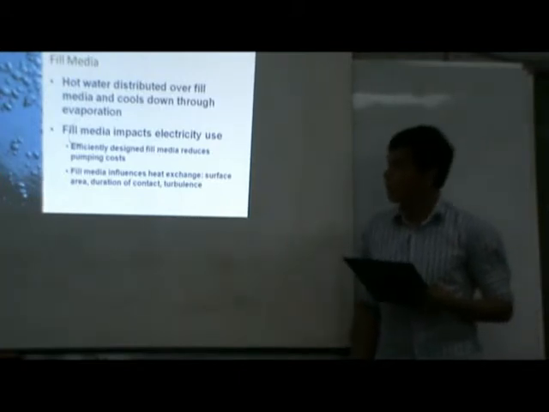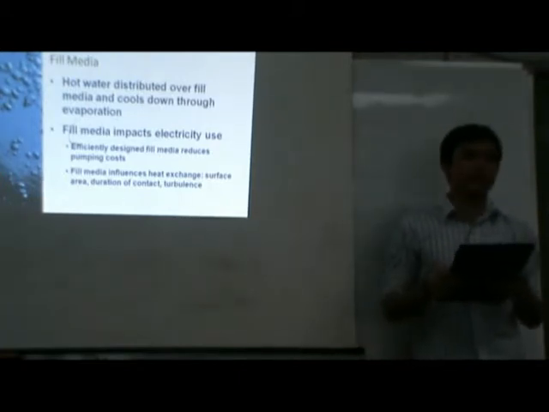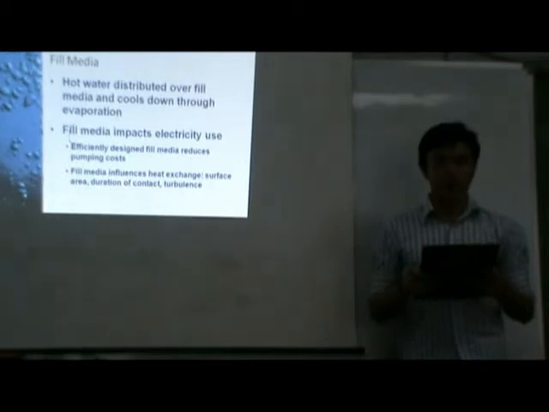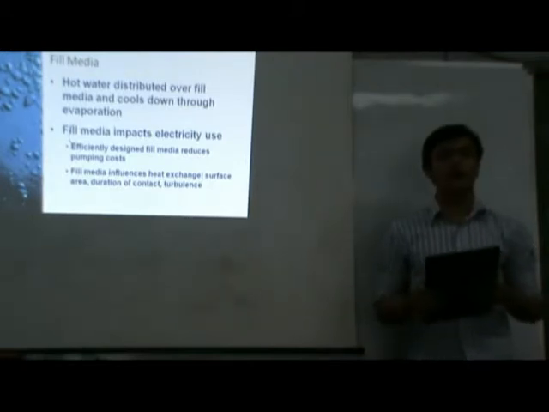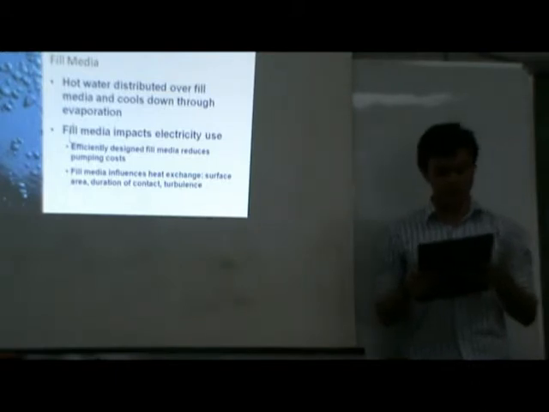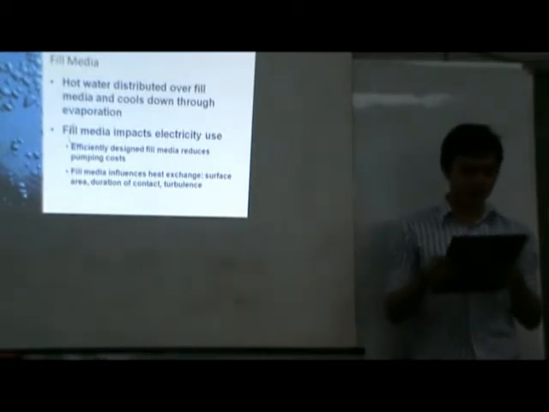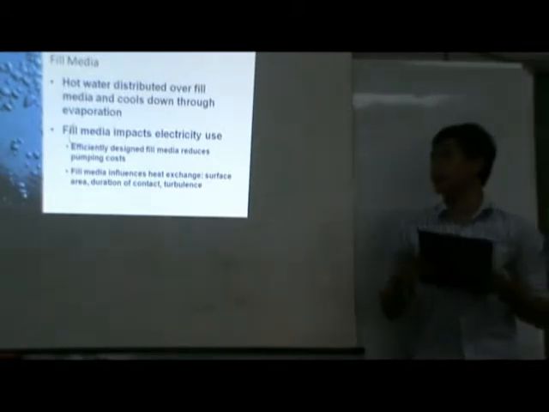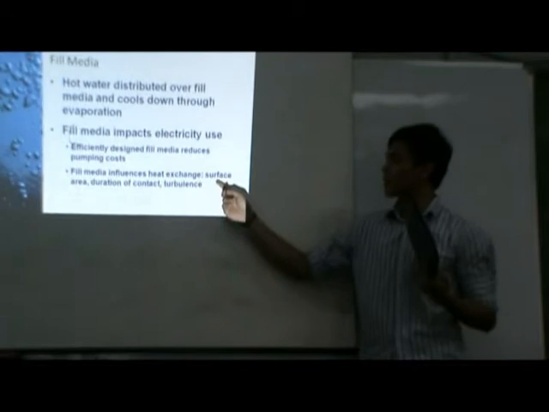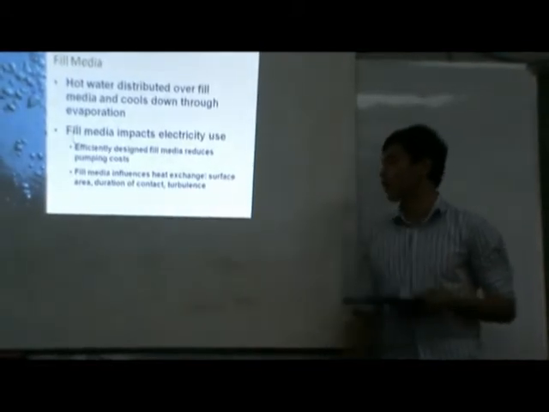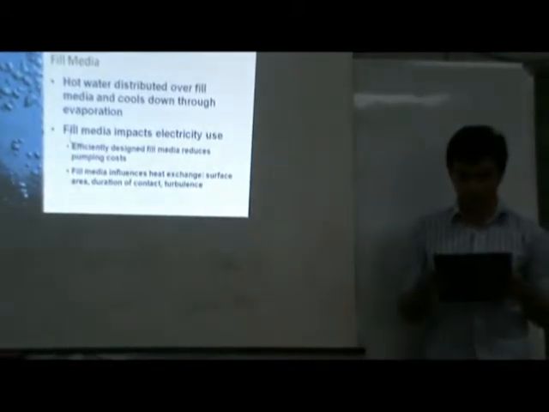So, fill media also impacts electricity use. Efficiently designed fill media, syempre mas efficient, more savings, reduces pumping cost. And fill media also influences heat exchange. Surface area, i-consider natin yung sa fill media: surface area, duration of contact, and turbulence.